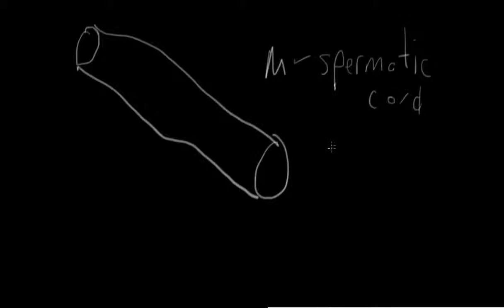So here's our deep inguinal ring, here's the superficial inguinal ring, and so we've got this canal traveling through here. So in the male, it's going to be a spermatic cord. And in the female, it's going to be the round ligament.